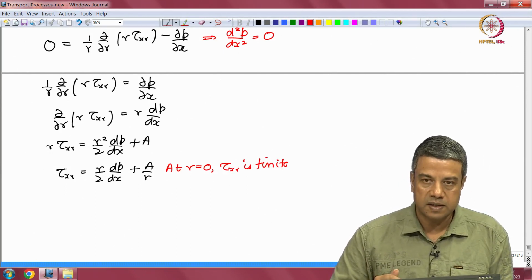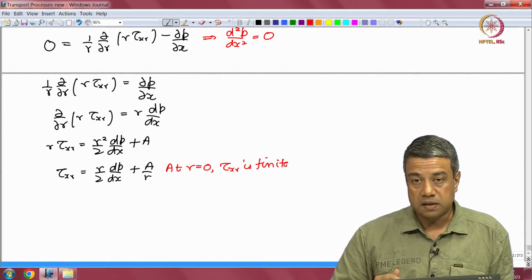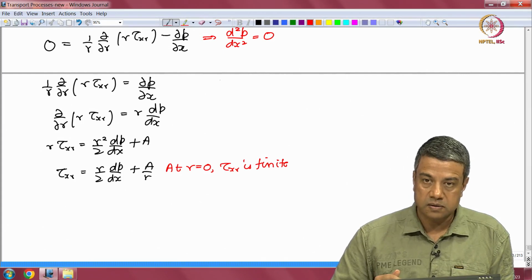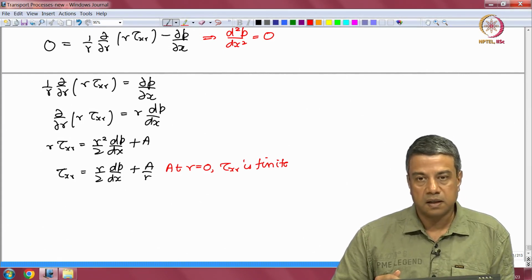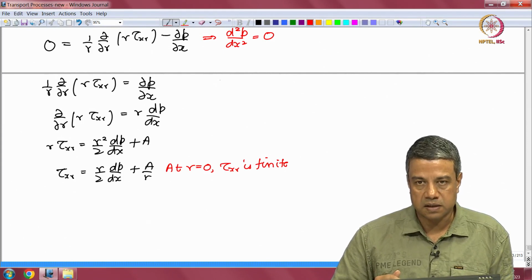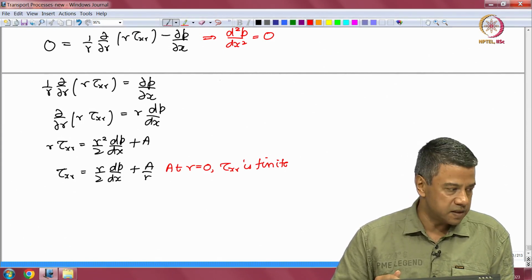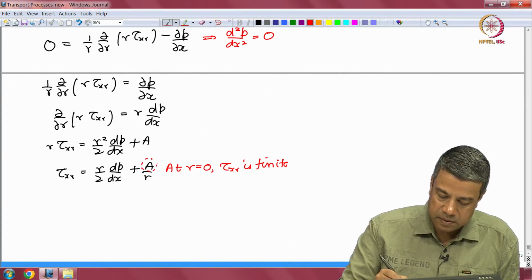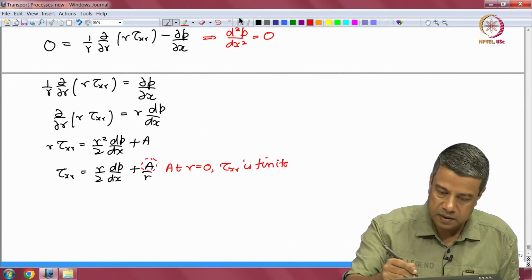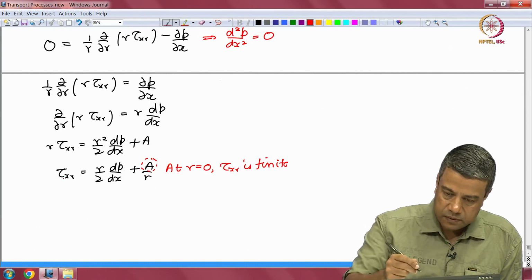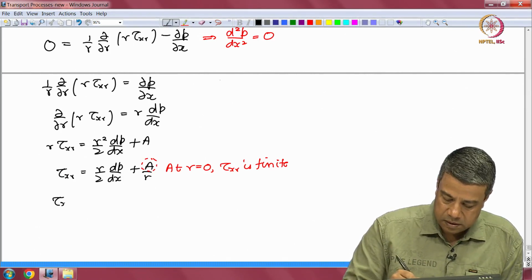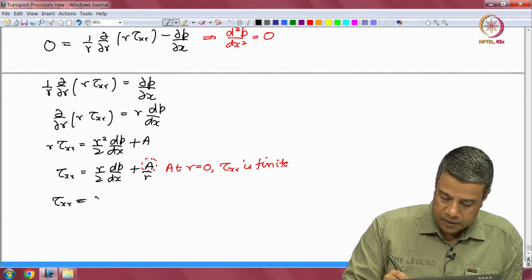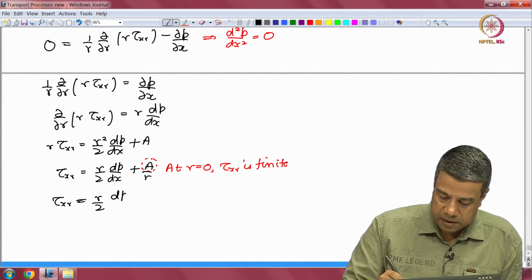Therefore, if a is non-zero, then the shear stress goes to plus or minus infinity at the center of the tube at r is equal to 0, which is not physical. Therefore, the boundary condition implies that a has to be equal to 0. Therefore, I can write tau x r is equal to r by 2 dp by dx.